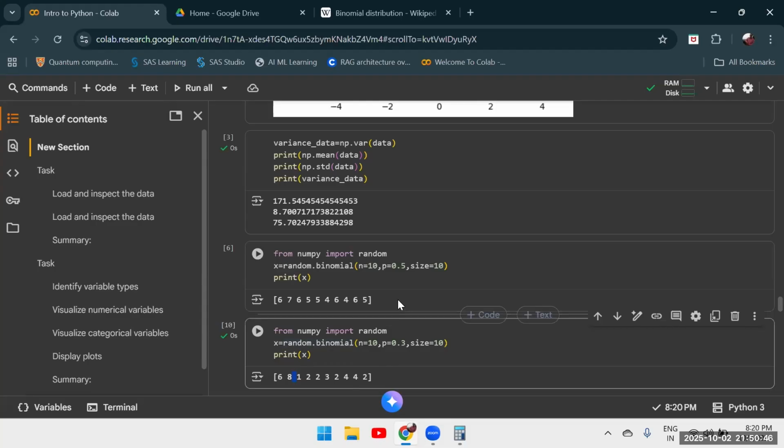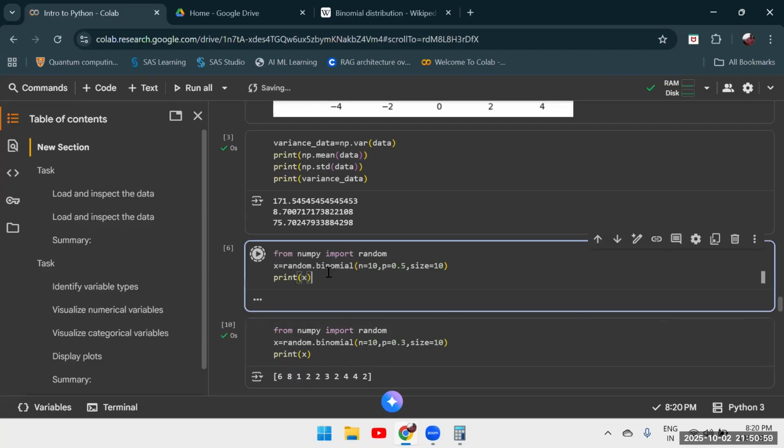So based on the probability, if I toss 10 times with a probability of 0.5, my chances of winning will be 3 times, 4 times out of 10.